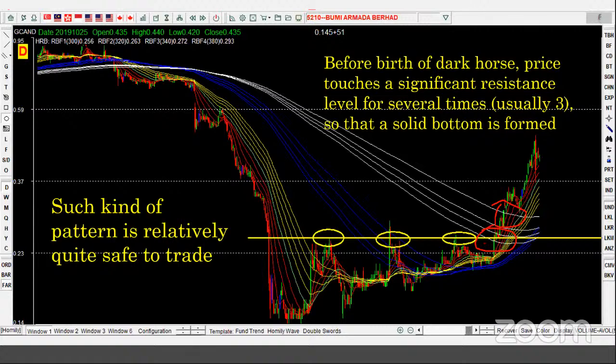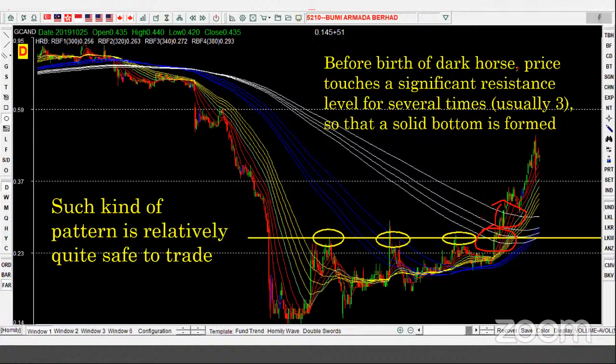Usually in this kind of situation, the birth of the course gives us a higher success rate. So such a pattern is relatively safer to trade. When you see the price in consolidation with a sideways platform before the birth of the course, there is a higher success rate that this birth of the course is a successful one.